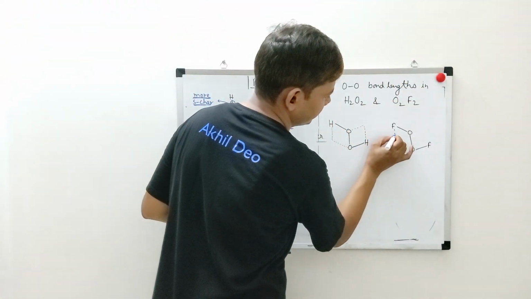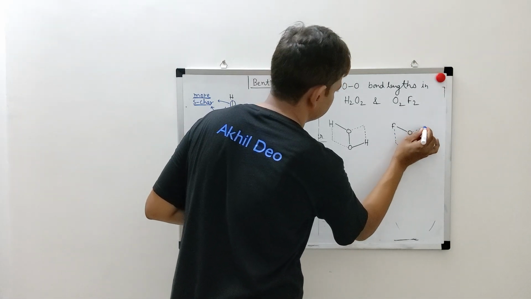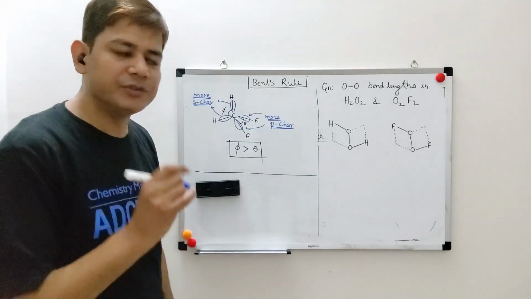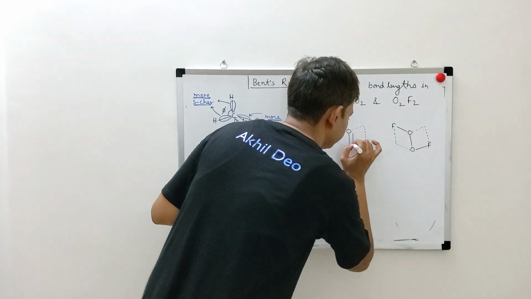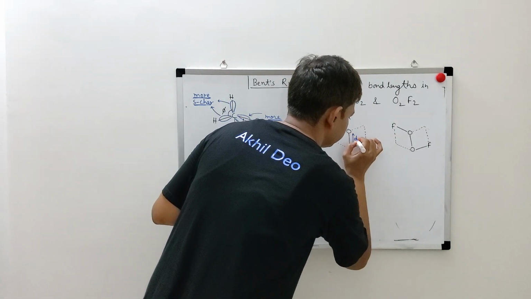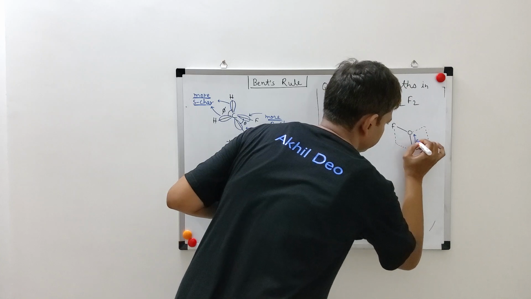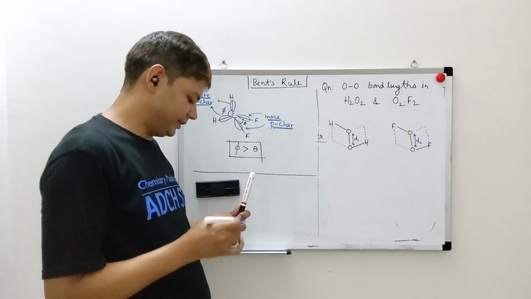The fluorine atoms on the two sides form pages of an open book. Hence, we also call this structure the open book-like structure. What do we have to compare here? We have to compare the oxygen-oxygen bond lengths. Suppose this is D1 and suppose this is D2. We have to compare the bond lengths D1 and D2.